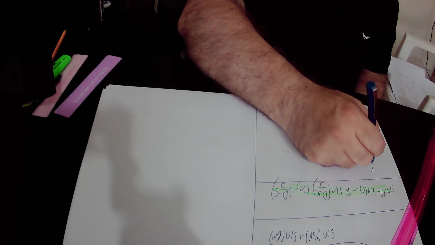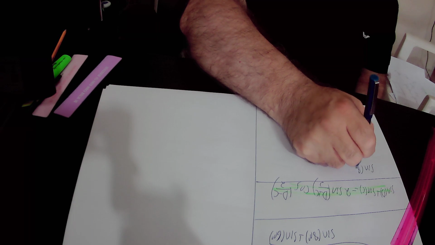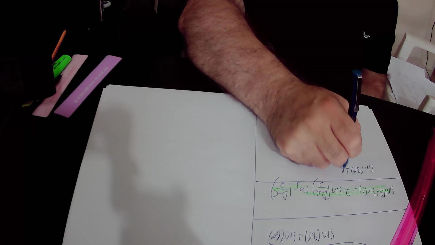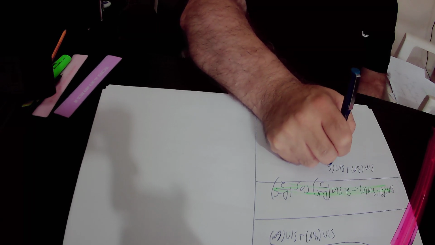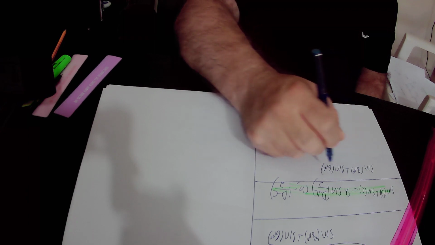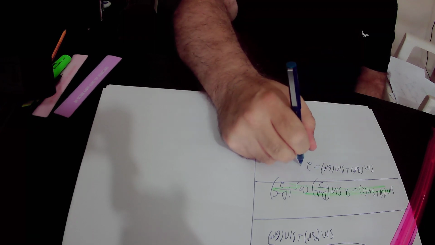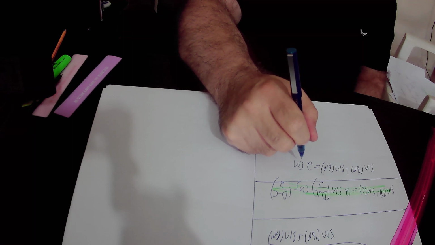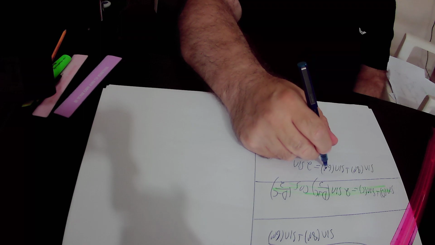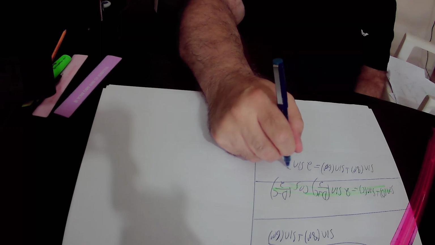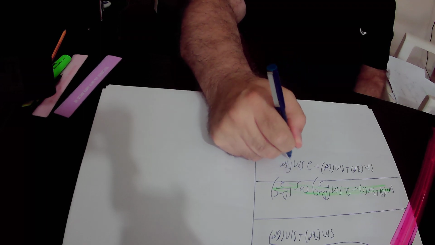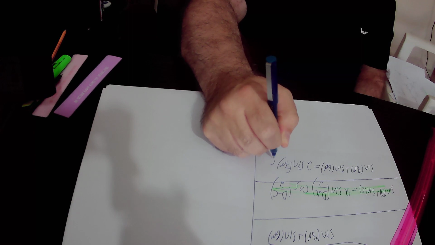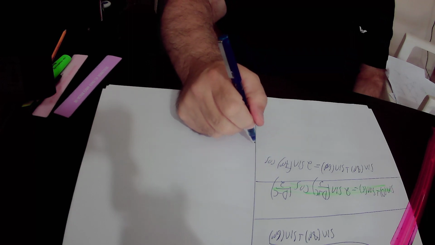So here we will get that sin 80 degrees plus sin 60 degrees is equal, according to this trigonometric identity, to 2 times sin of (d plus c) over 2, which is (80 plus 60) over 2. 80 plus 60 is 140, and 140 over 2 is 70. So it's 70 degrees times cosine of (d minus c) over 2.